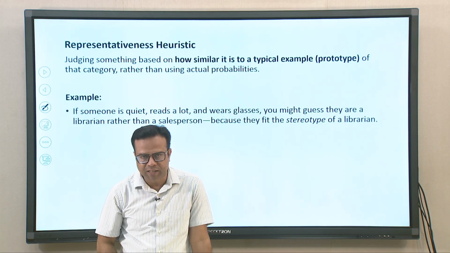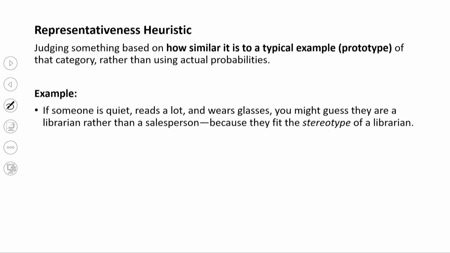The representativeness heuristic is another shortcut that we take, based on how similar something is to a typical prototype of a category rather than using actual probabilities.